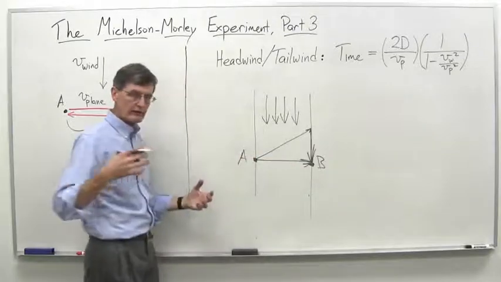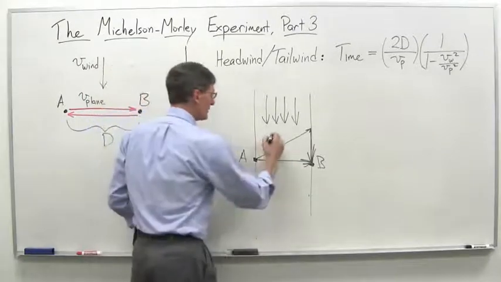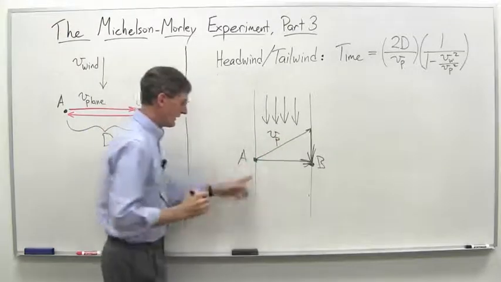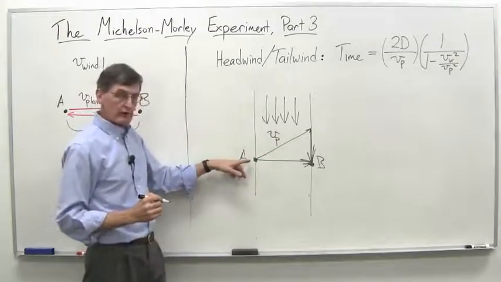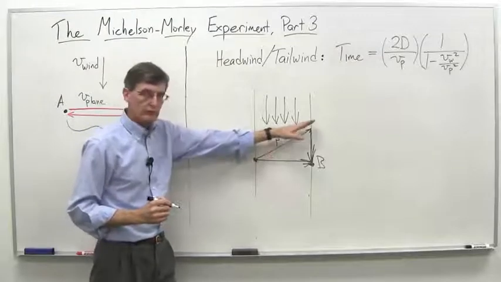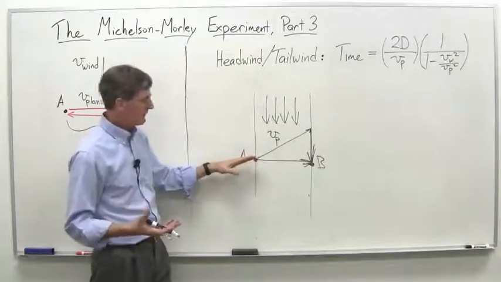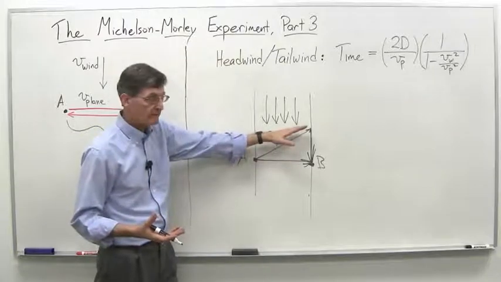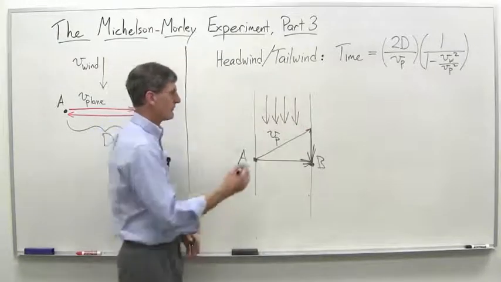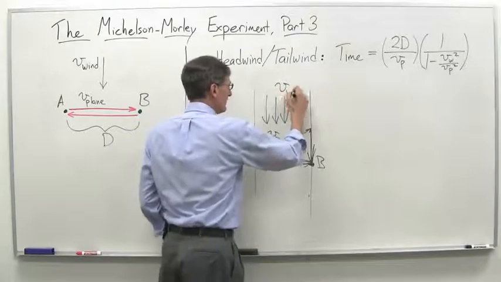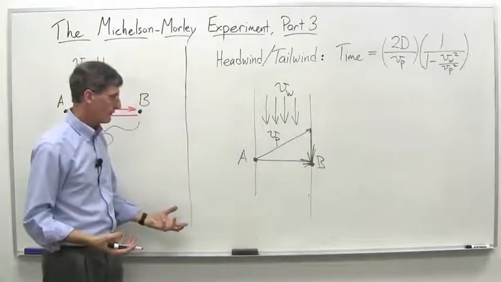Well, it's flying through the air at velocity v sub p. That's the actual velocity of the plane through the wind, or, if you want the swimmer, the velocity of us through the water. And then the current is v sub w, in our plane example the velocity of the wind.